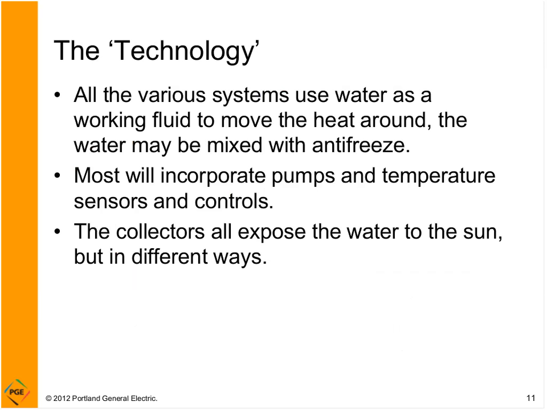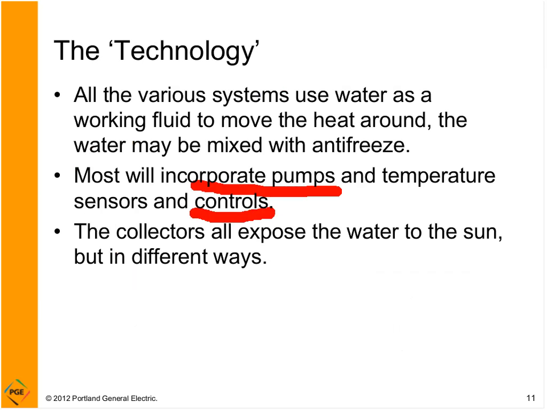Wanted to talk about the technology used to collect solar energy via solar thermal systems. As I mentioned, generally we're always using water as a working fluid. If there's freeze potential, we probably will add antifreeze to the water. Systems are usually active, and by active I mean we're incorporating some pumps and automatic valves and controls.